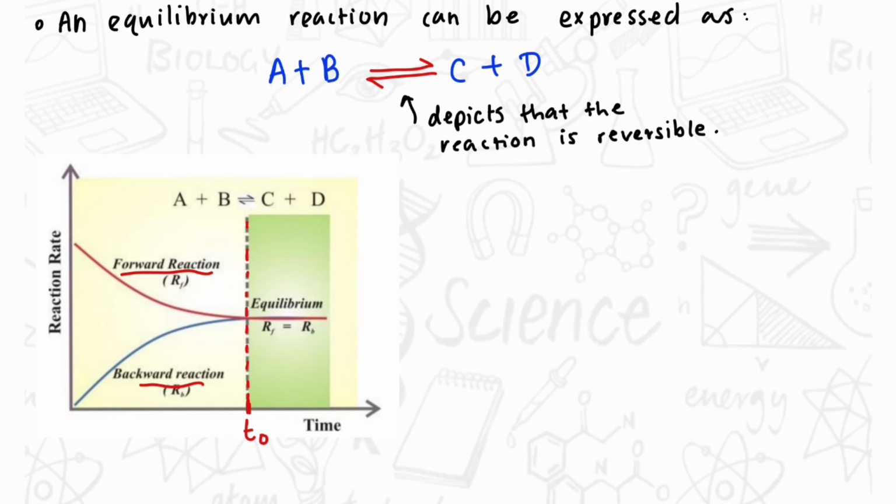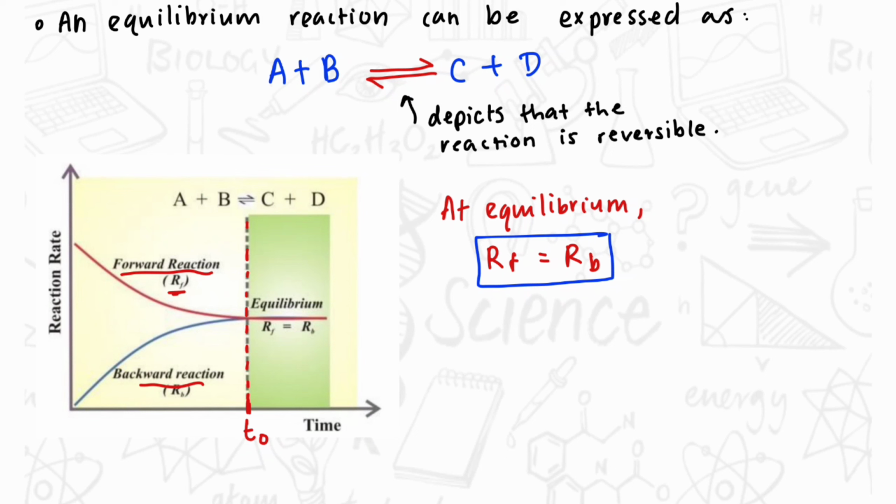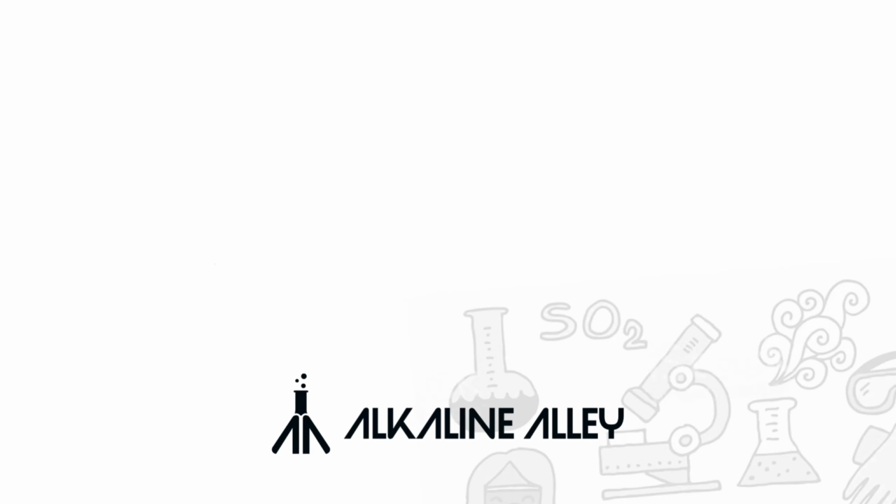Then after time t naught, this reaction will undergo equilibrium. So at equilibrium, we can say that RF, or the rate of the forward reaction, will be equal to the rate of the backward reaction. So we should remember this.